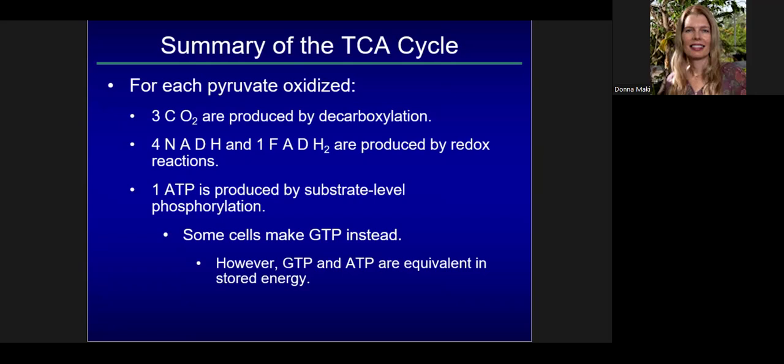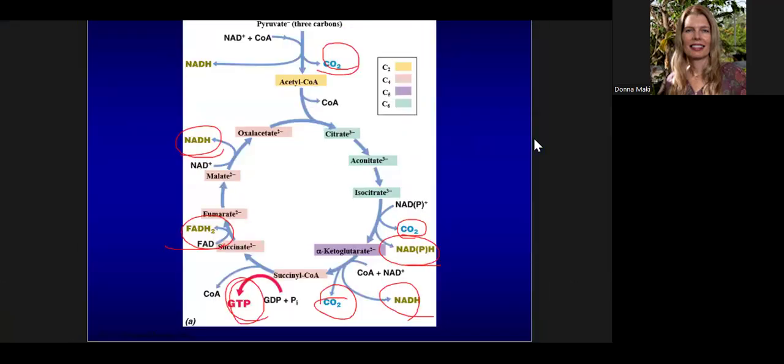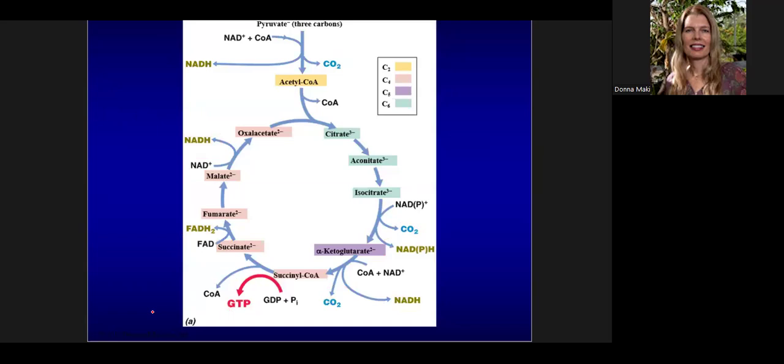All right. So when you look at the cycle, ATP really is getting made at the substrate level. That's what we have happening. So let's go back to that image, the cycle.